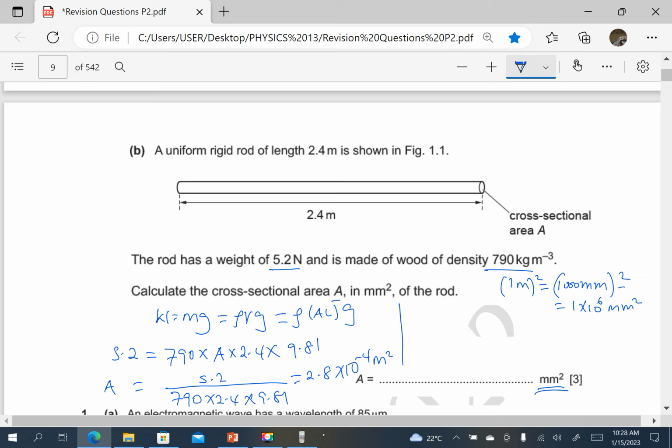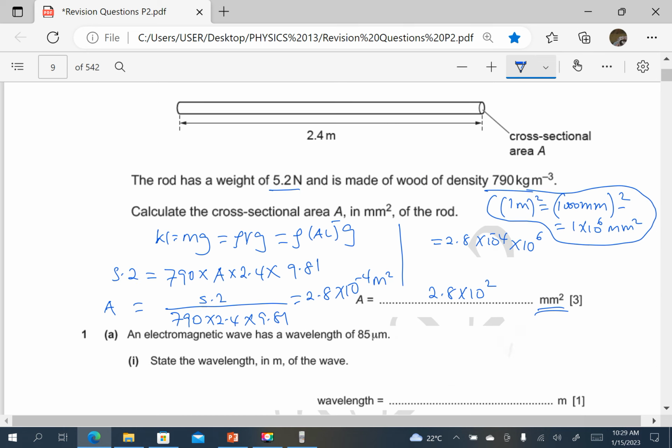So this is going to be 2.8 times 10 power negative 4 times 10 power 6, which gives us 2.8 times 10 power 2 millimeters squared. So you need to know this simple conversion of quantities.